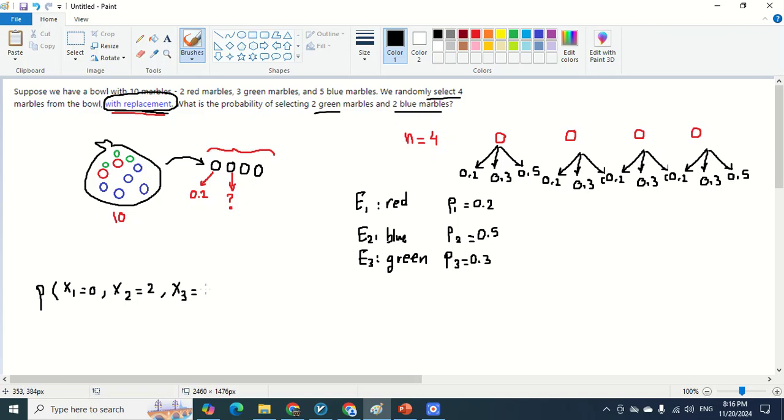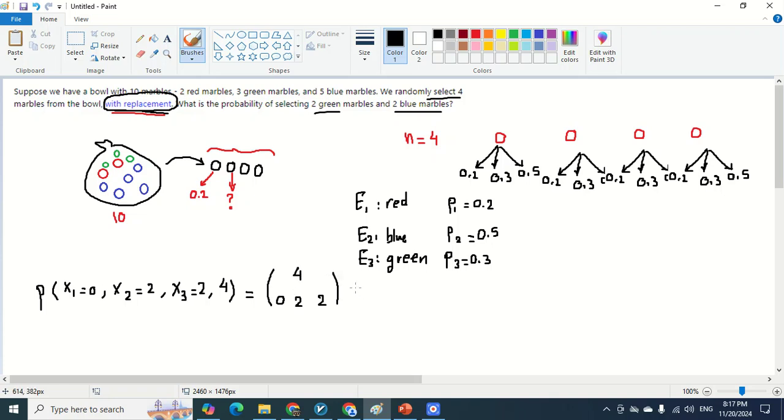The total number of trials that we have is 4. You may put the probability of each also in that expression. So at the end of the day, the values will be 0, 2 and 2 out of 4.